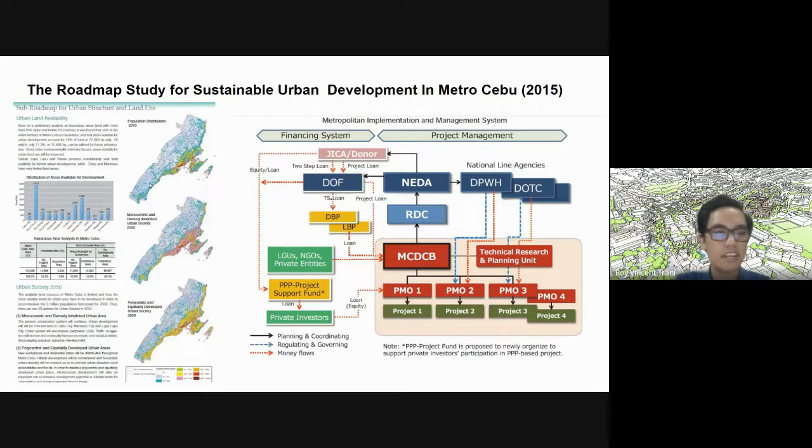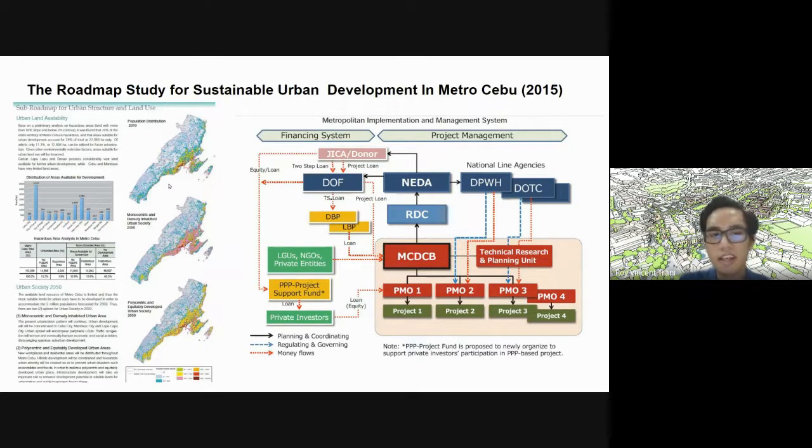And then over here, there's a section on urban land availability. This is from the summarized version, and they didn't have a very high definition image. Over here, I'm just going to highlight a 2010 population distribution. In yellow is medium density, blue is light density, and red is heavy density.